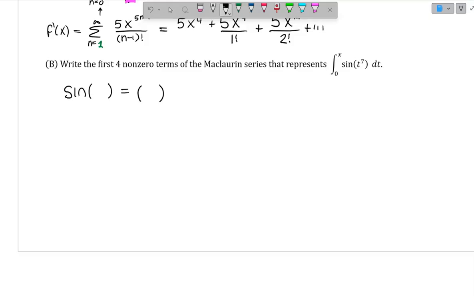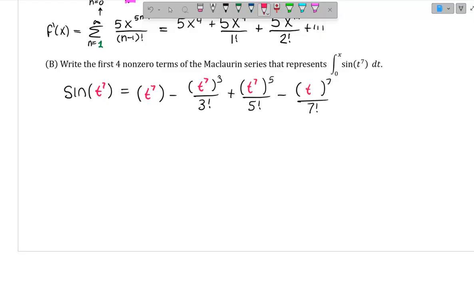Normally this will be x minus x to the 3rd over 3 factorial plus x to the 5th over 5 factorial minus x to the 7th over 7 factorial. But I'm going to go ahead and just save us a step of writing here, and we're going to go ahead and plug in t to the 7th in for x like we did back in example 2.